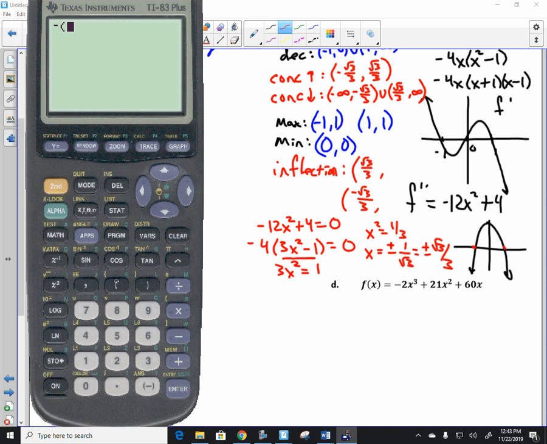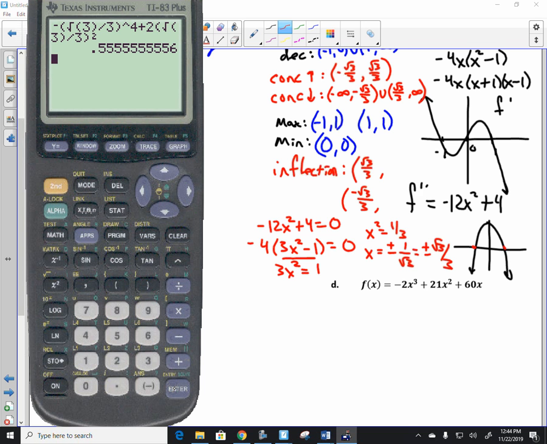Negative parentheses root of 3 divided by 3. I think we're raising that to the 4th power. Is that correct? To the 4th. Plus 2 times root of 3 divided by 3 squared.